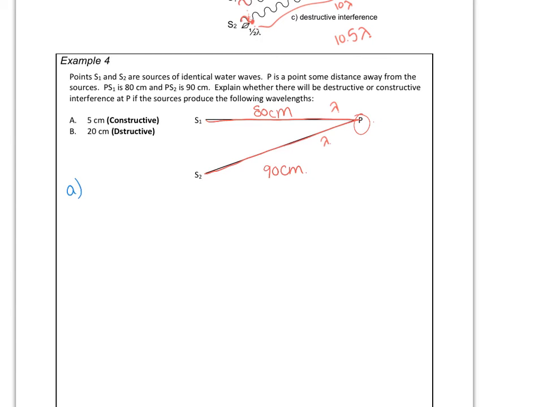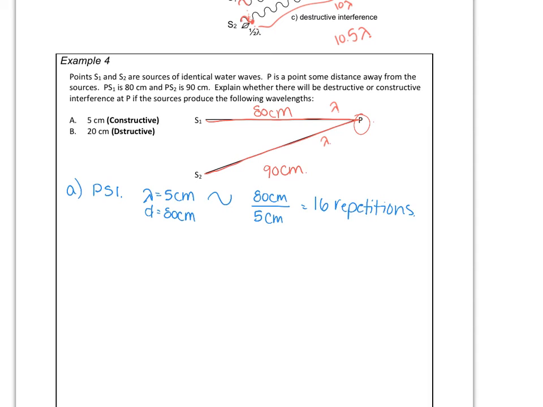Well, let's look at path PS1. If the wavelength is 5 centimeters and our total distance is 80 centimeters, our wave can repeat itself 16 times. What I did is take my total distance and divide by my wavelength, and I get 16 waves or repetitions of the wave.